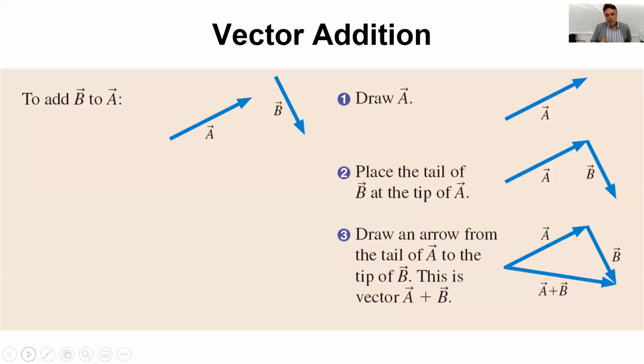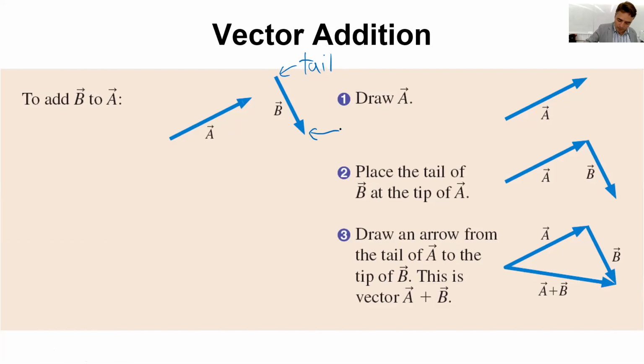It's a little bit about vectors coming from chapter 2. If you have 2 vectors, A and B, and you want to add them, there's a few different ways you may have learned back in math class. But one way is called the tip to tail method. So you draw A, you place the tail of B, this is called the tail.